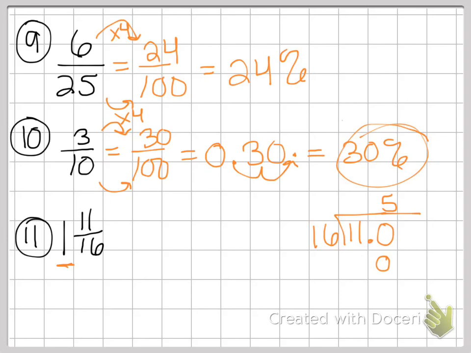Oh, I can squeeze one more group, so I'm going to make that 5 a 6. 6 times 6 is 36. 6 times 1 is 6, plus 3 is 9. Alright, so now I get 14. 16, of course, can't go into 14. Add a 0, bring it down. Oop, I might run out of room.